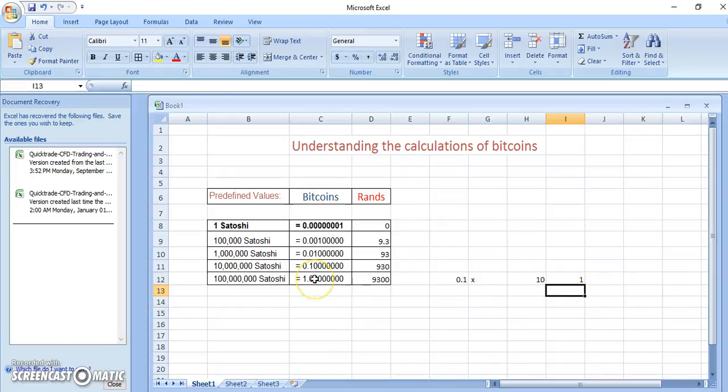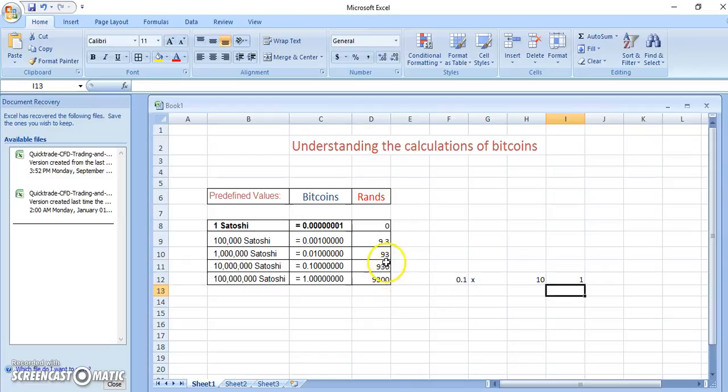So for you to have one Bitcoin, you need 10 million Satoshis times 10 to give you one Bitcoin. And in rand value, I'm just using the values for altcoin trade. That means 930, sorry.